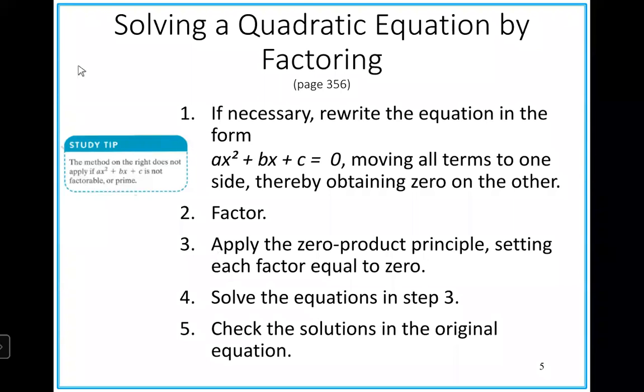And we're going to look at that on the next slide. Okay. Now, right here, the study tip says the method does not apply if the equation is not factorable or if it's prime, because some equations cannot be factored. So if an equation cannot be factored, we can't use this method to solve that equation.